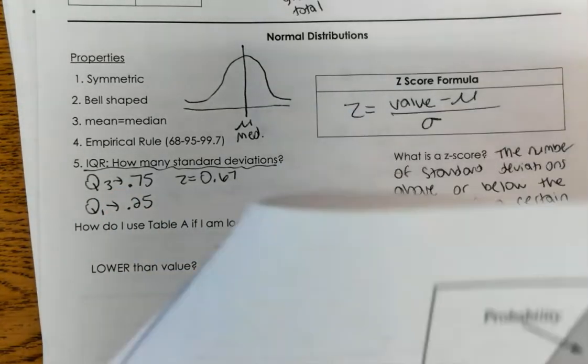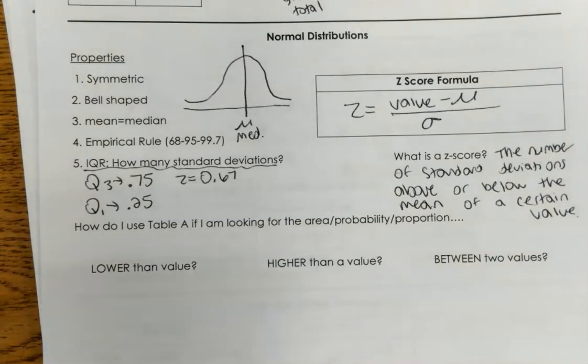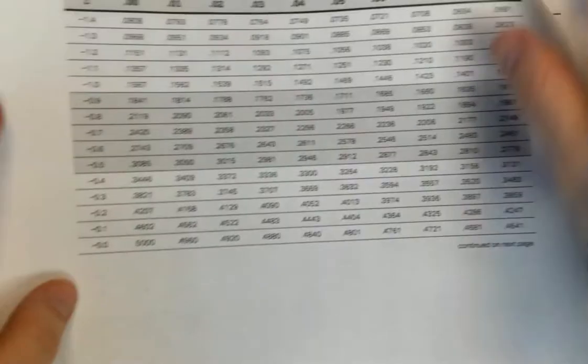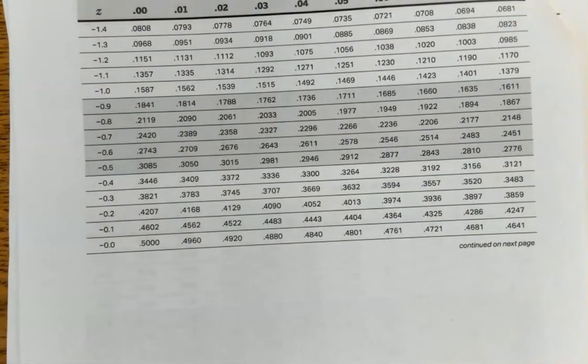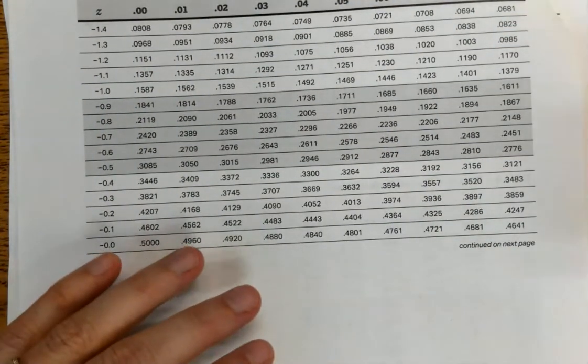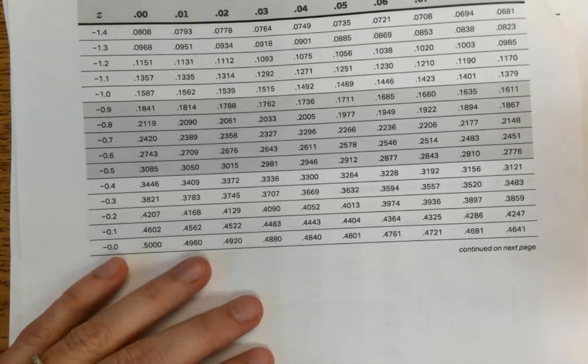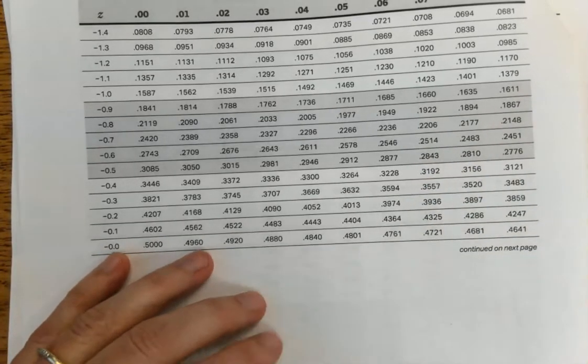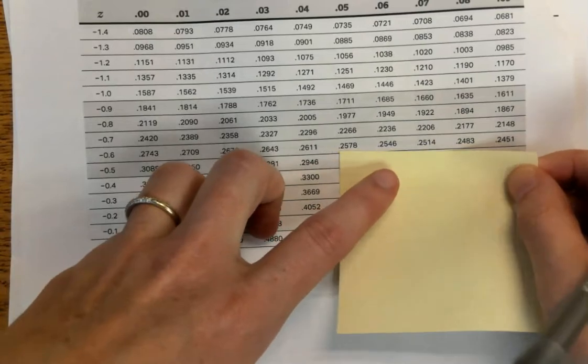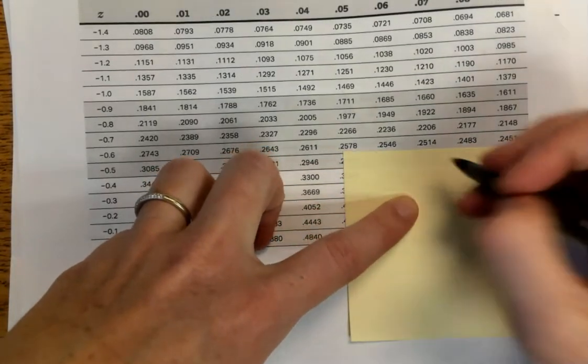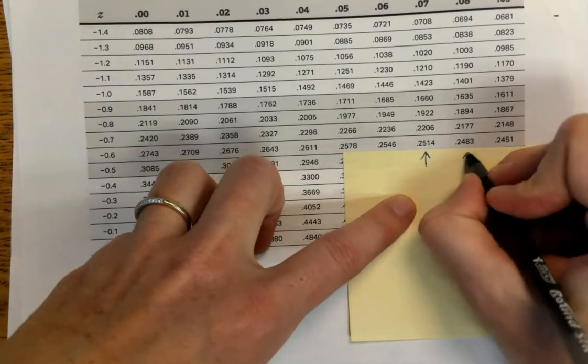All right, now let's look at the 25th percentile. So I'm going to look for 0.25 in the table A. Here or here? Which one is closer?